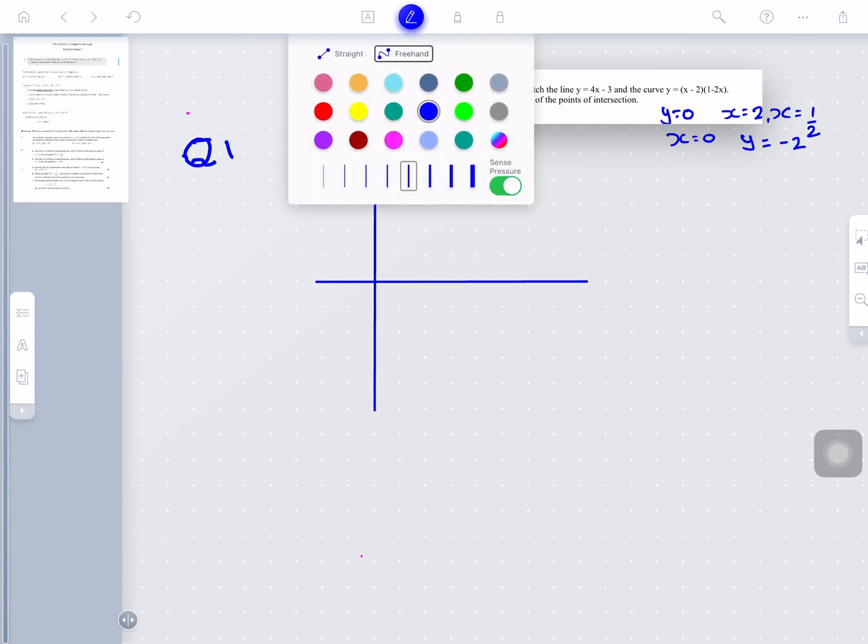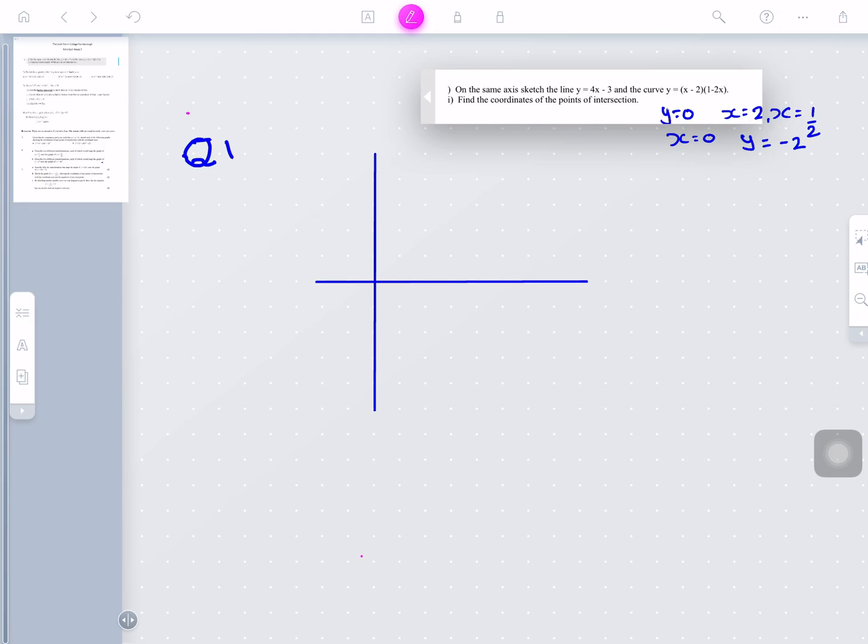So let's take a different color for the curve, and sketch it. Okay, I think I'll do a little bit better. This is not very good. Okay, let's start again.